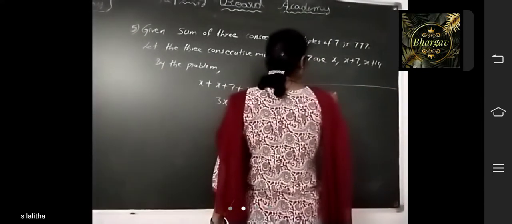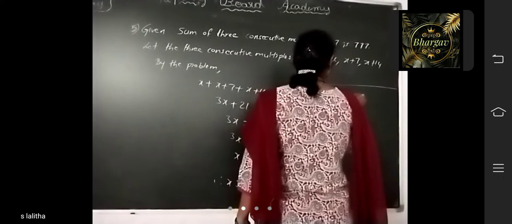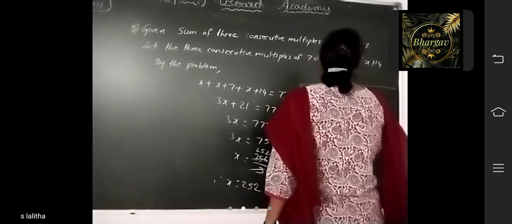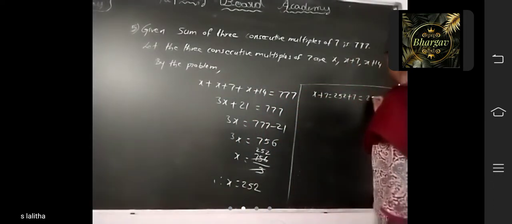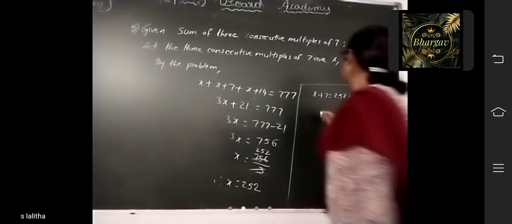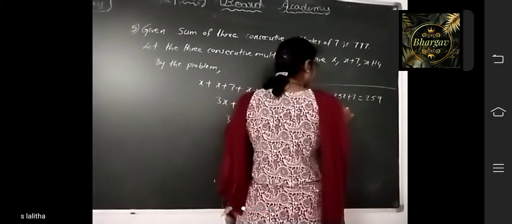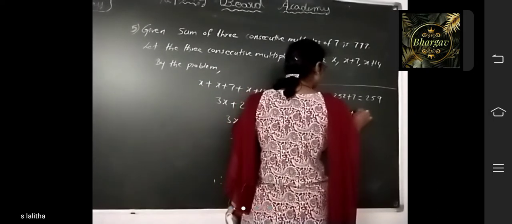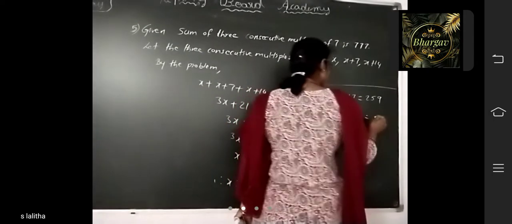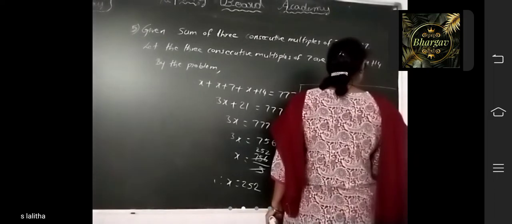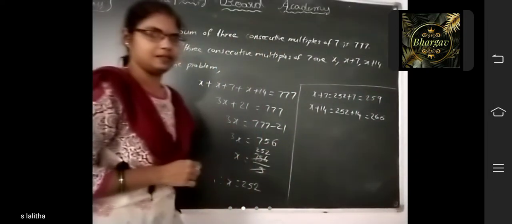Next, x plus 7 and x plus 14 you have to find. x plus 7 equal to 252 plus 7, how much? 259. Next x plus 14, 252 plus 14, how much? 266. Okay, ma'am.